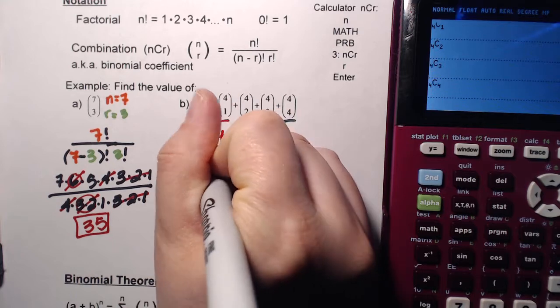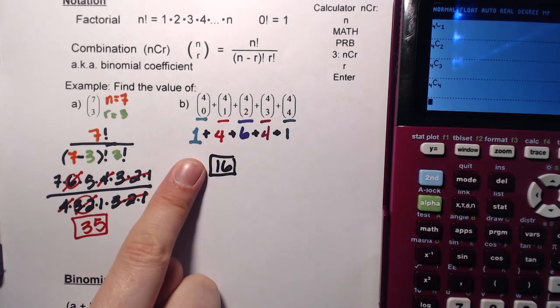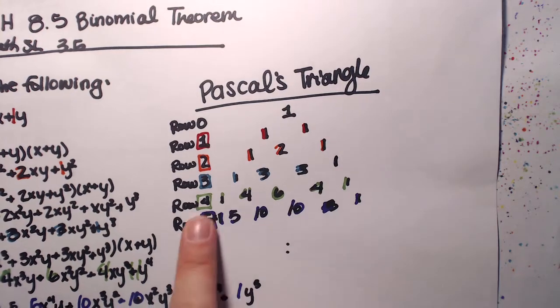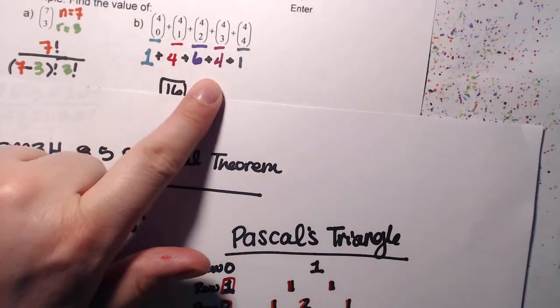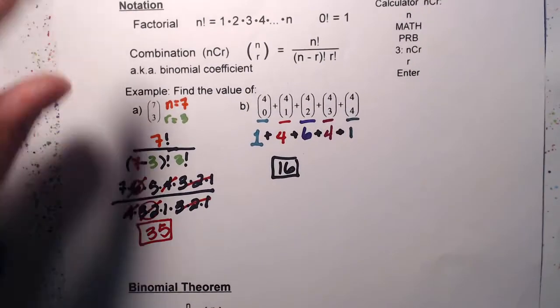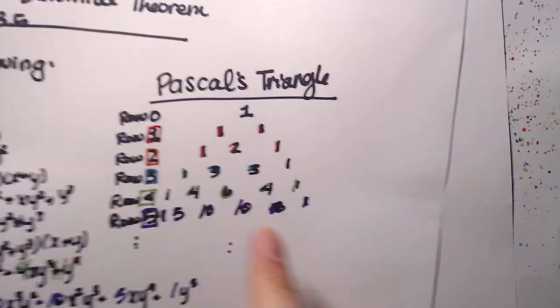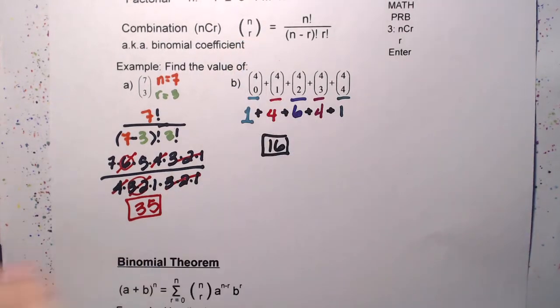So that is evaluated. The thing I want you to notice is those numbers showed up somewhere else. On Pascal's triangle, row 4, 1, 4, 6, 4, 1. And that's why it's called the binomial coefficient, because these are the coefficients. So even if you don't memorize Pascal's triangle, you can still use this.